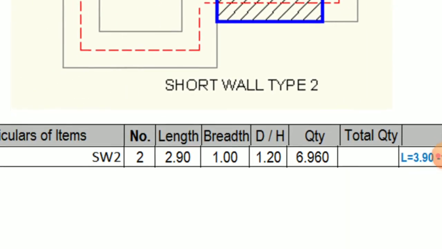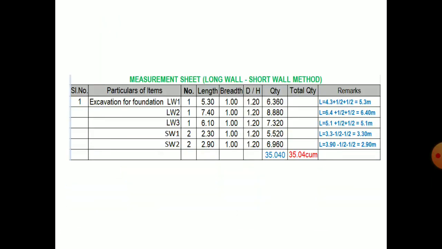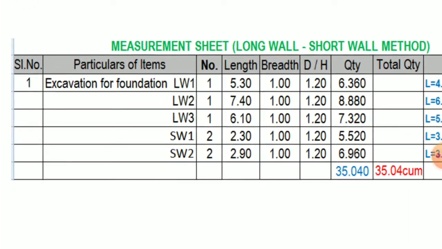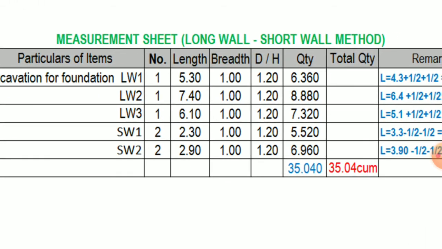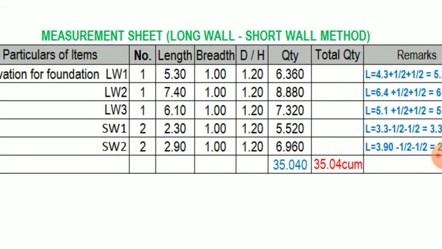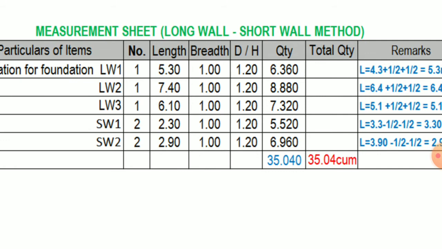There will be two walls of such type, 2.9 meter by 1 meter by 1.2 meter, that is 6.96 meter. So this is a total of 5 measurements: long wall type 1, long wall type 2, long wall type 3, one each, and short wall type 1 and short wall type 2, both 2 numbers each.